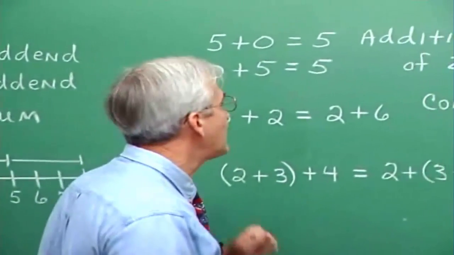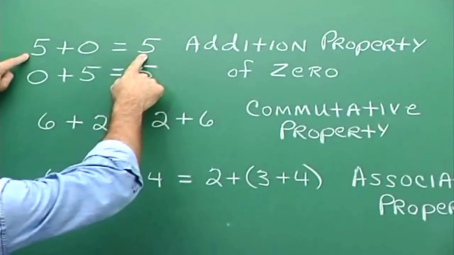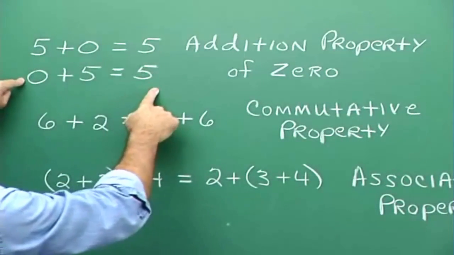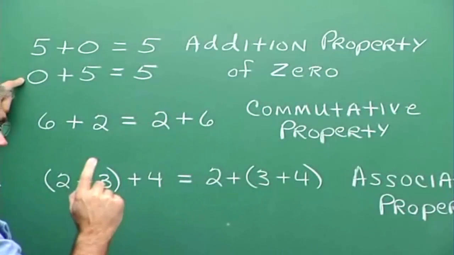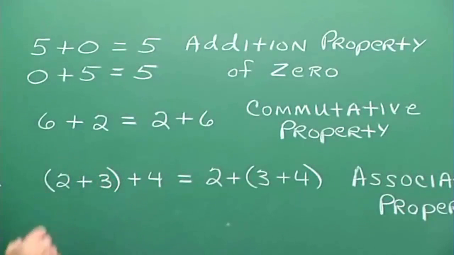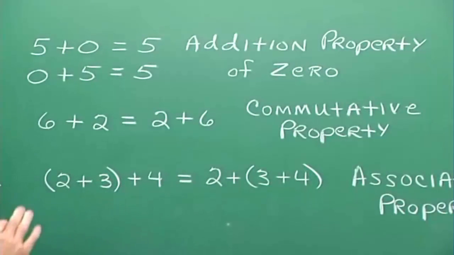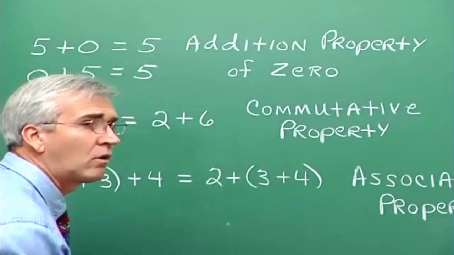Here are some properties having to do with addition. Notice 5 plus 0 is equal to 5, and 0 plus 5 is equal to 5. This is the addition property of 0. Now, sometimes, particularly in algebra, 0 is called the identity element for addition.